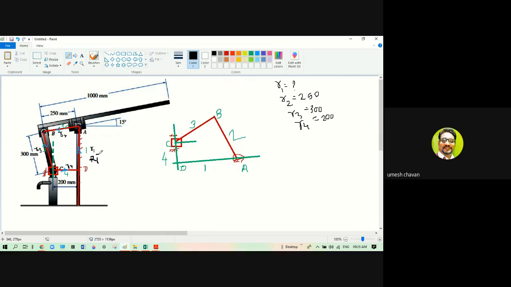This vector name is capital R2 bar, this is capital R3 bar, and this is capital R4 bar.